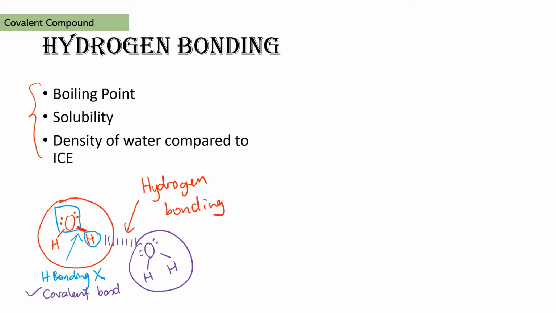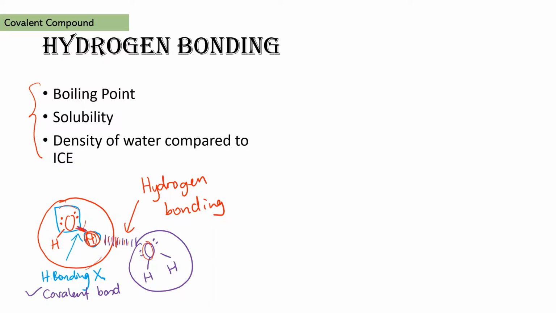So hydrogen bonding only happens when, within the molecule itself, the hydrogen atom is directly attached to a highly electronegative atom. Then the same hydrogen atom is also attracted to the oxygen atom, which is highly electronegative, of another water molecule.